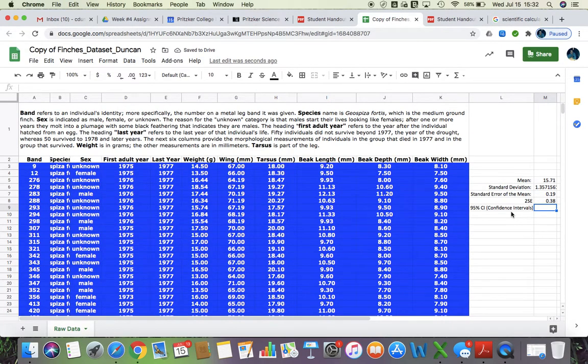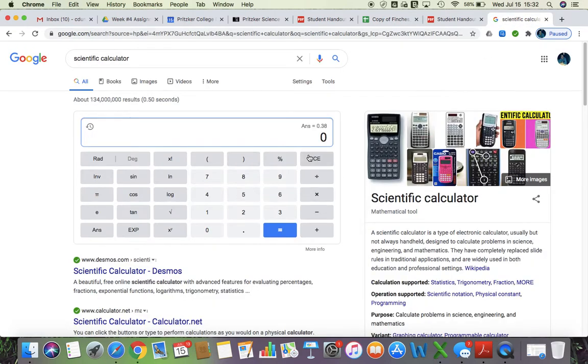Now I can make my 95% confidence interval. So what's that going to look like? Well, I'm going to take this average, so 15.71, clear this out, 15.71, and I'm going to add 0.38 and put equals.